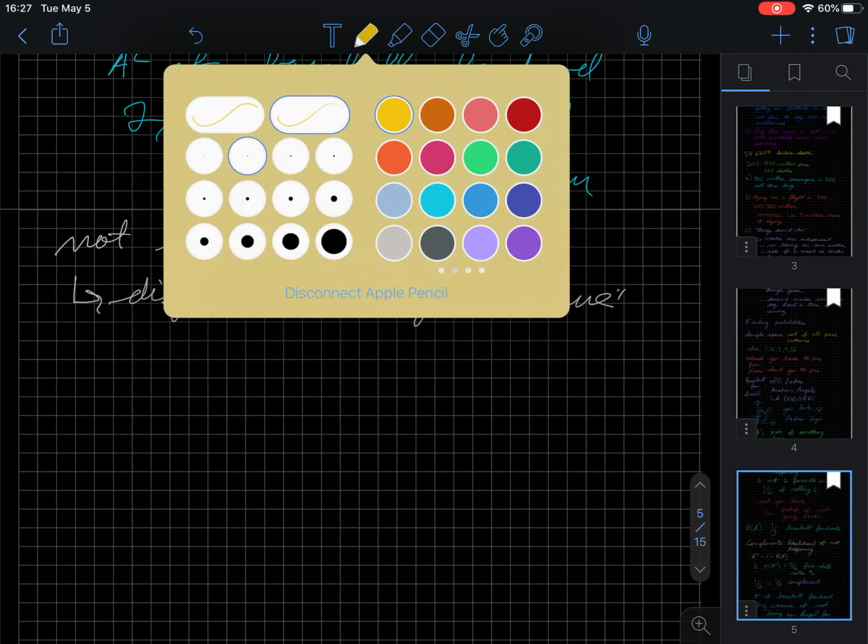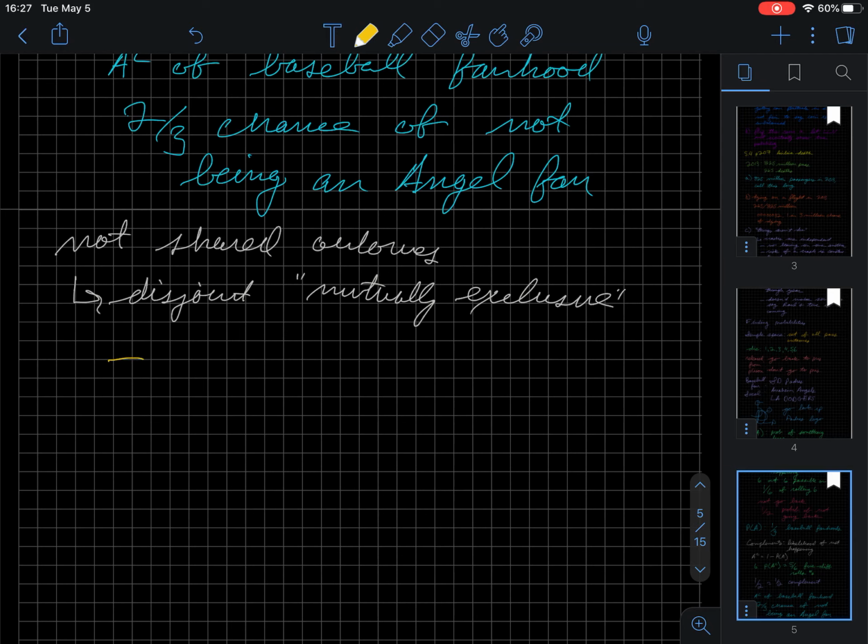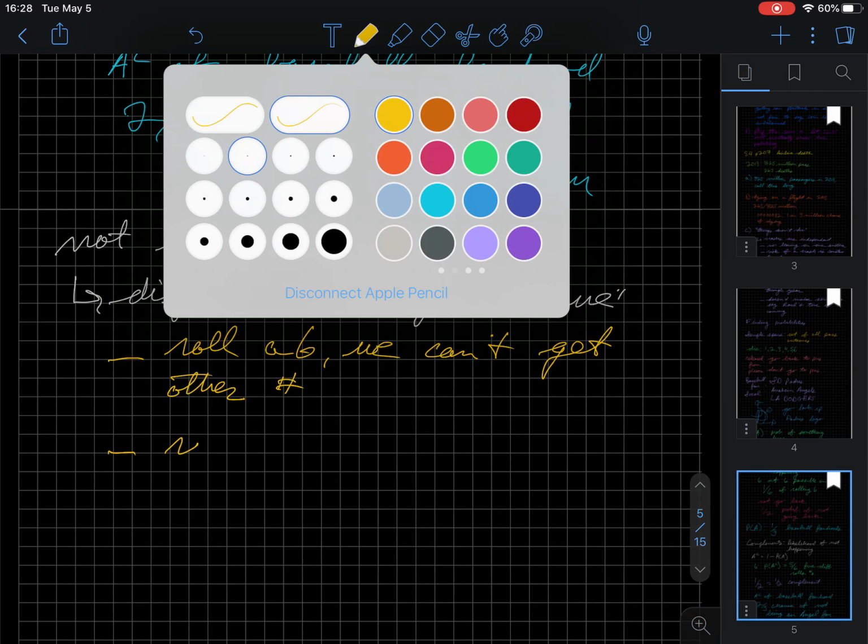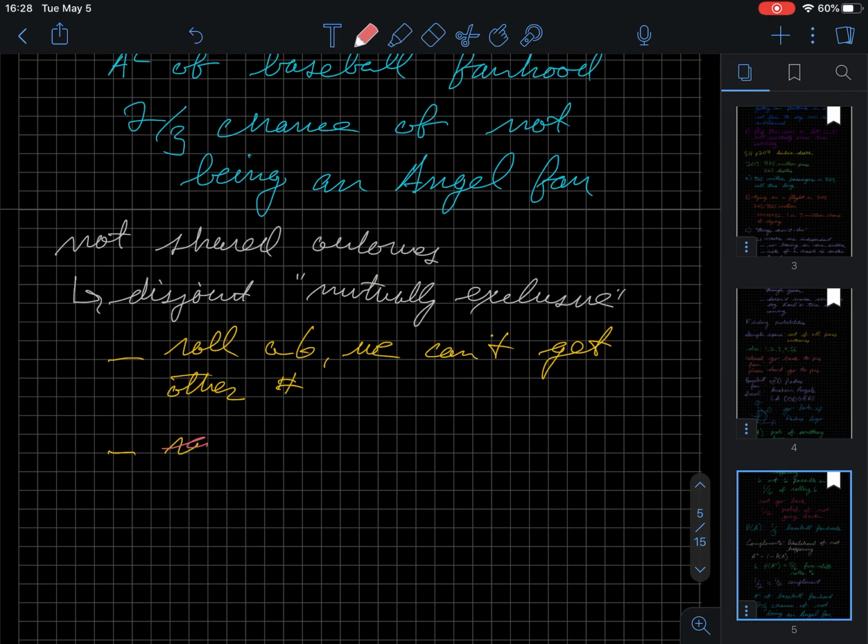So what this means is that if we roll a 6, we can't get any other number. If we go to prison, we can't not go to prison.